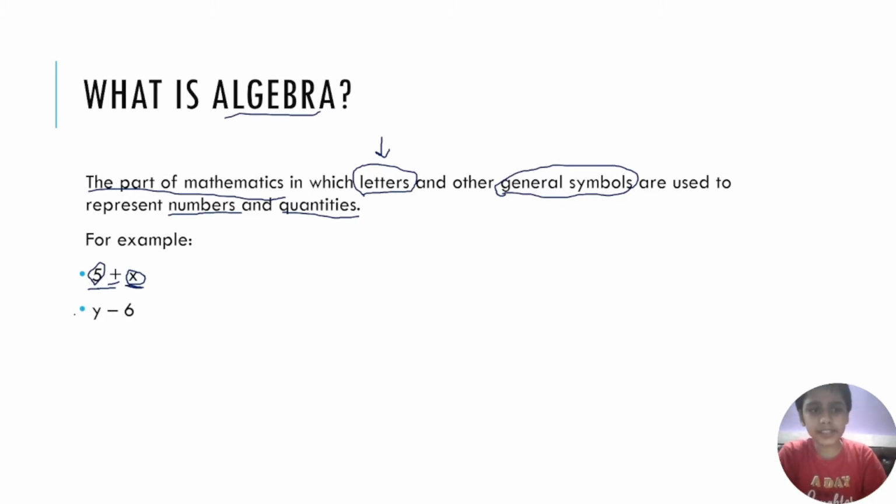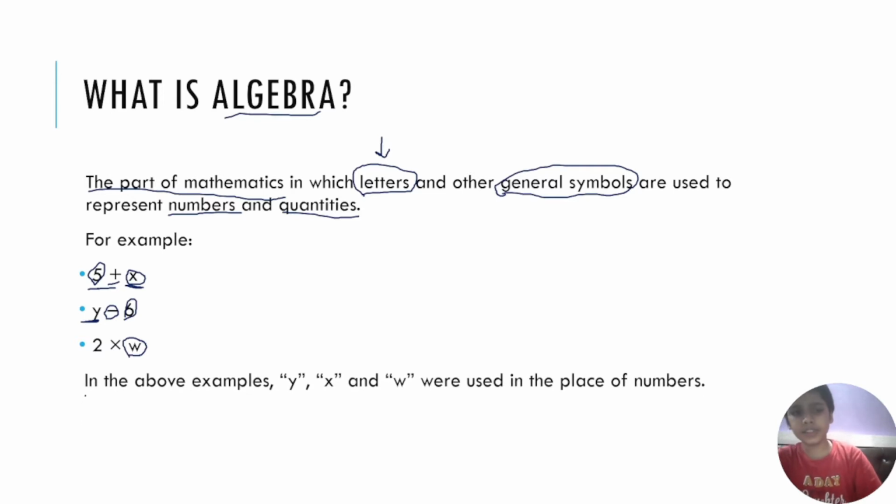Here y minus 6, in this minus is the operator, 6 is the numeral, and here y is the alphabet representing the number. 2 multiplied by w, here w is the letter.